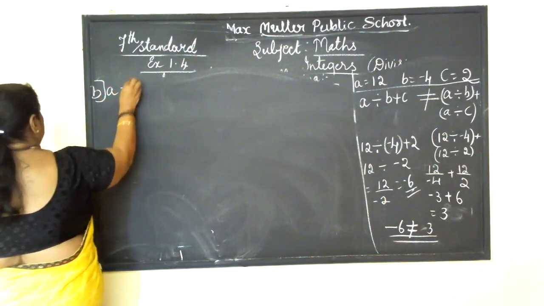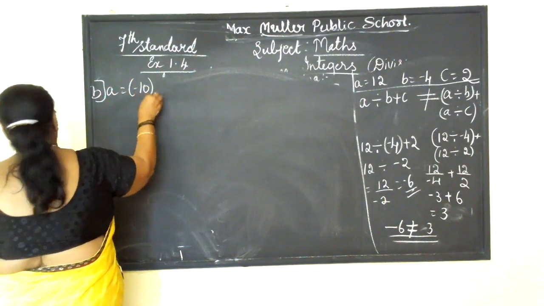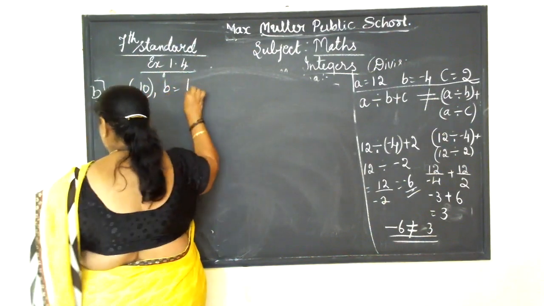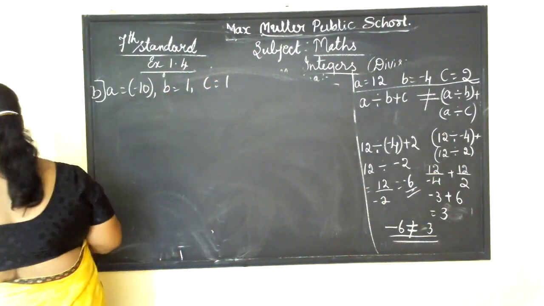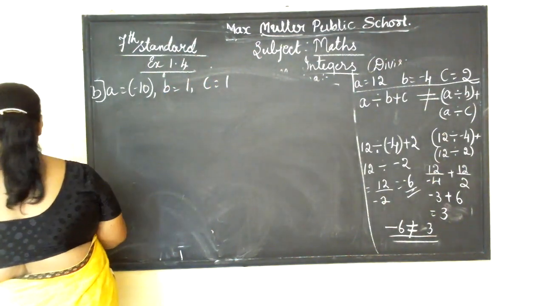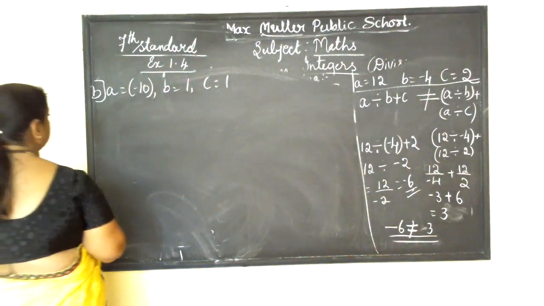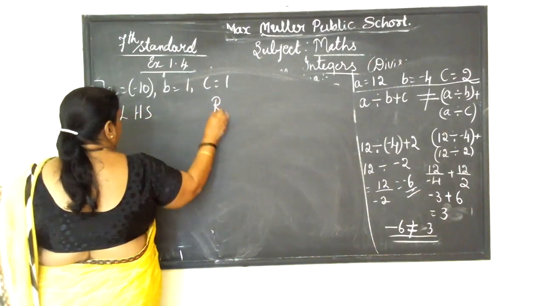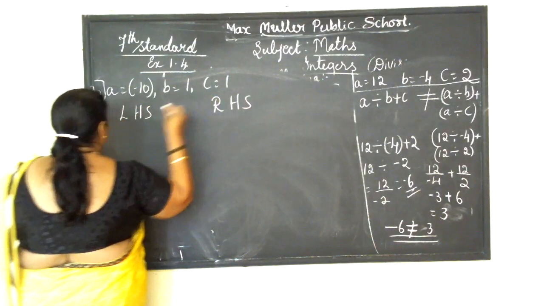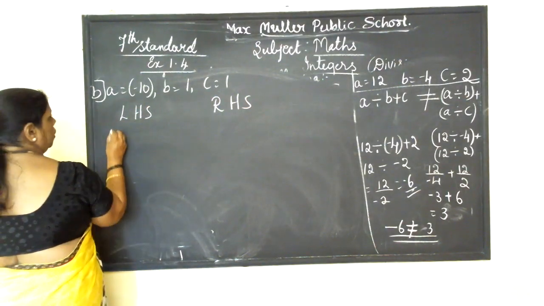A is equal to minus 10, B is equal to 1, C is equal to 1. Left hand side and right hand side. What we have to do first?